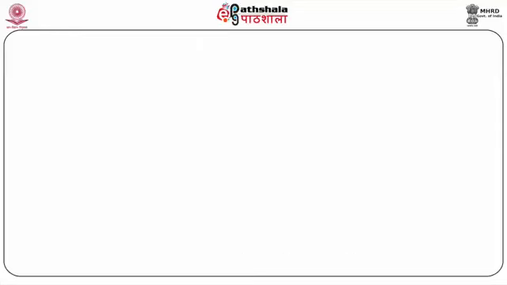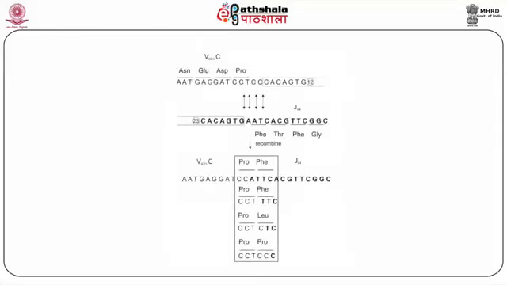specificity. This figure again shows 4 different productive rearrangements of V kappa and J kappa gene segments. Only one strand of the DNA is shown for simplicity.